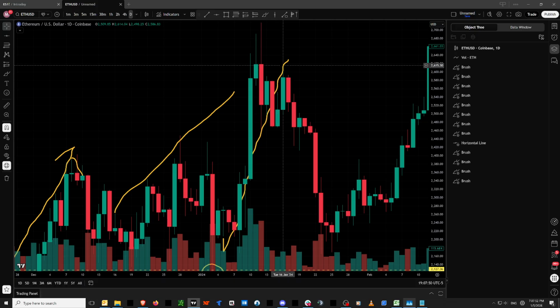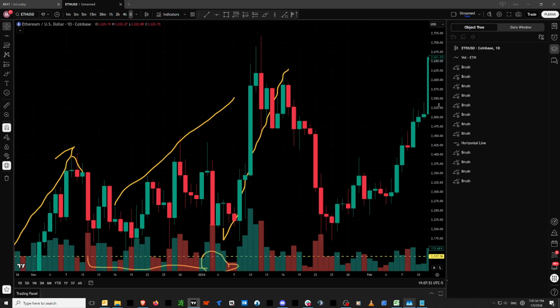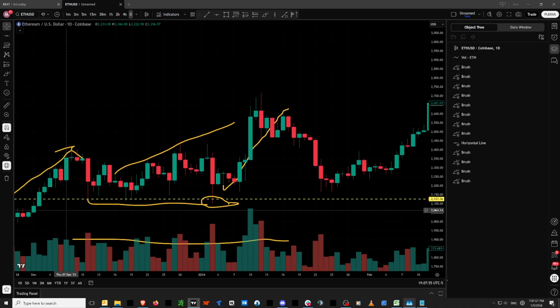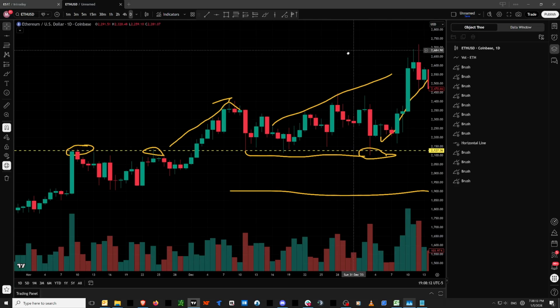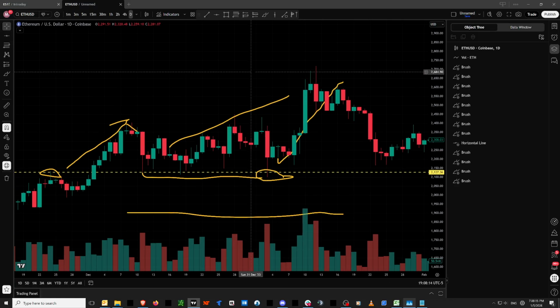So right there, we've covered two things: traditional support and resistance with a horizontal line, and stop runs. Stop runs are a form of liquidity. Now there's other types of liquidity, and we'll talk about those later on, but that is the first part.